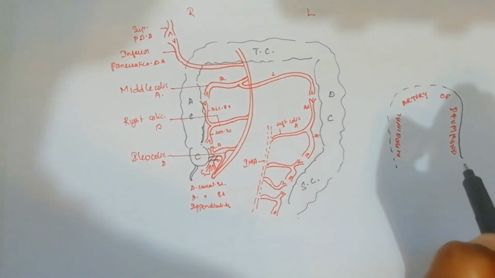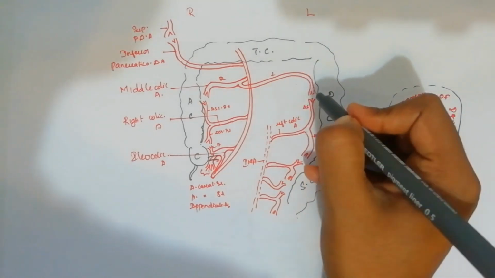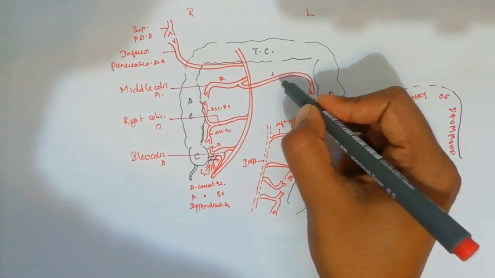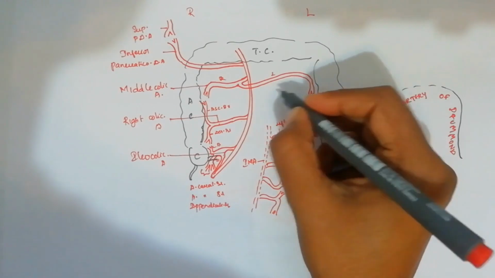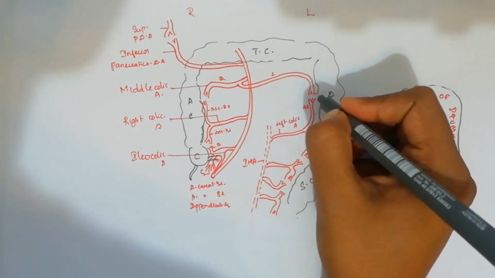And one more clinical significance is that sometimes the anastomosis between the middle colic and the left colic will not happen. This is the connection between superior and inferior mesenteric artery.